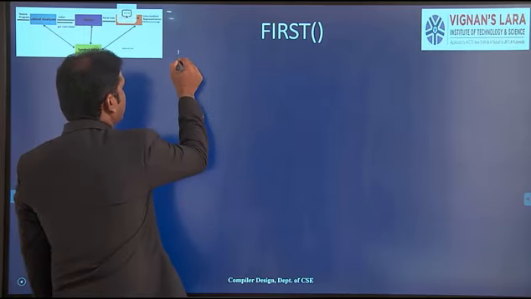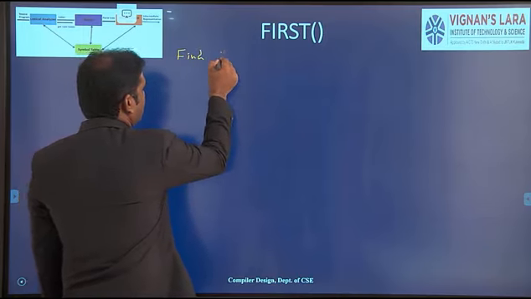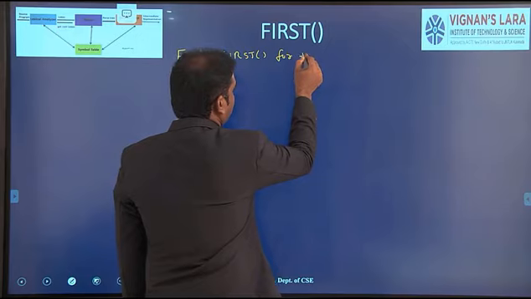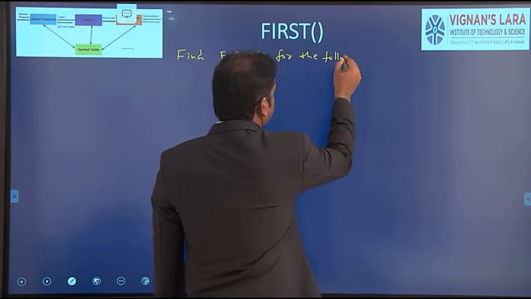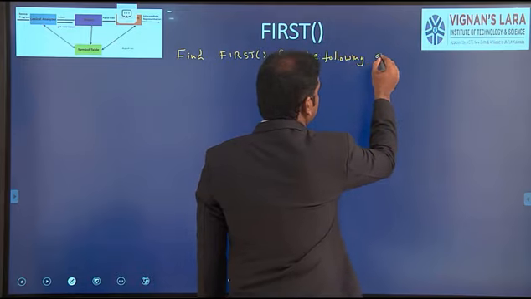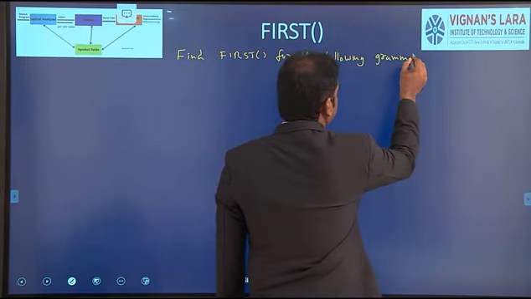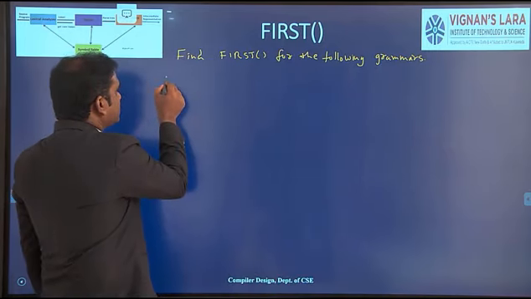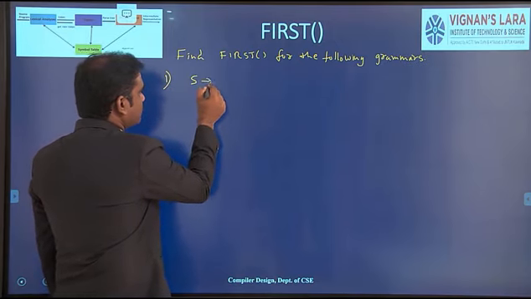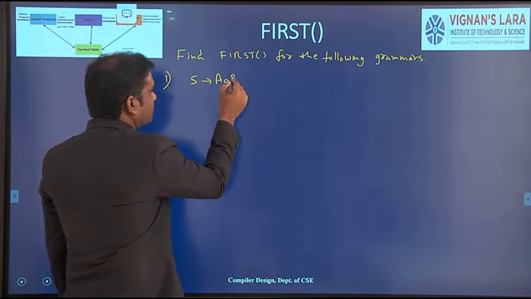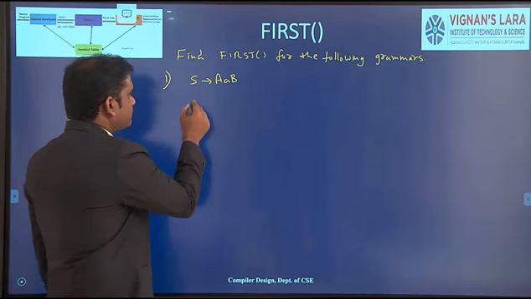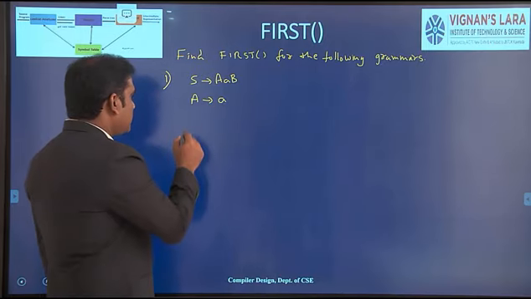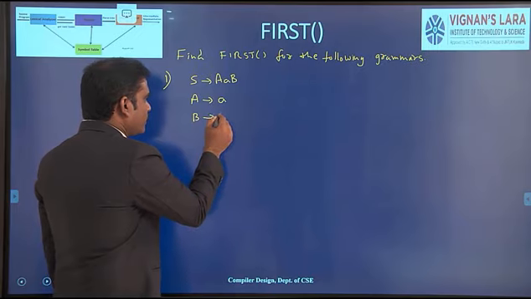Suppose the first grammar is S to AAB, A to a, and the third one is B to b.